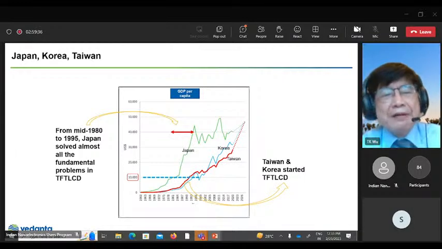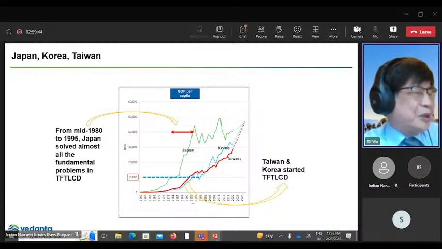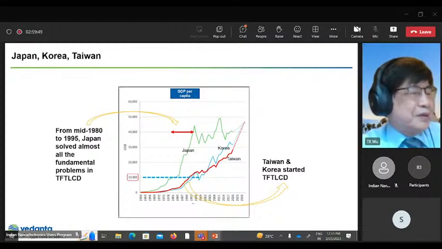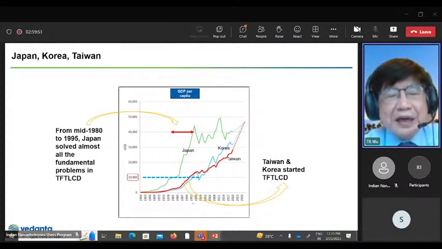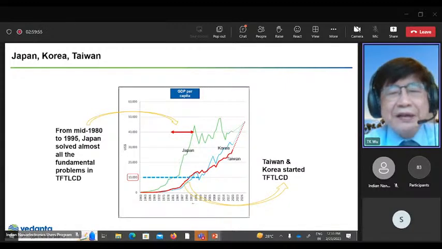Okay. And then Korea and Taiwan, their GDP per capita went over 10,000 in the year like 1995, something like that. Okay.